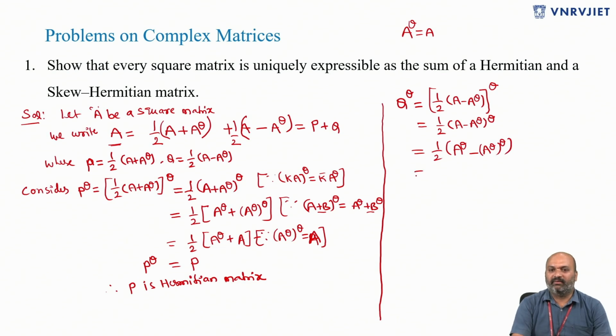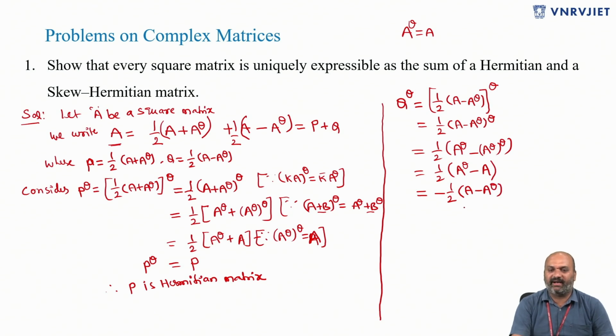Now this is again 1 by 2 into A theta minus, as we know again, (A theta) power theta is A itself. We know again using this property. That is equal to, now let us take minus common, that is minus 1 by 2 into (A minus A theta).